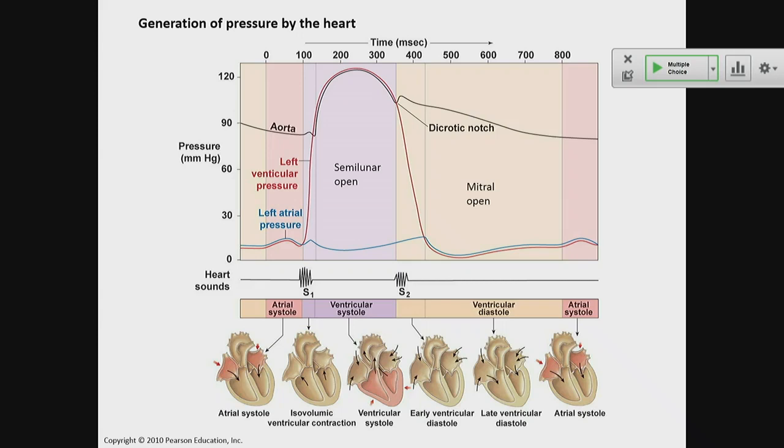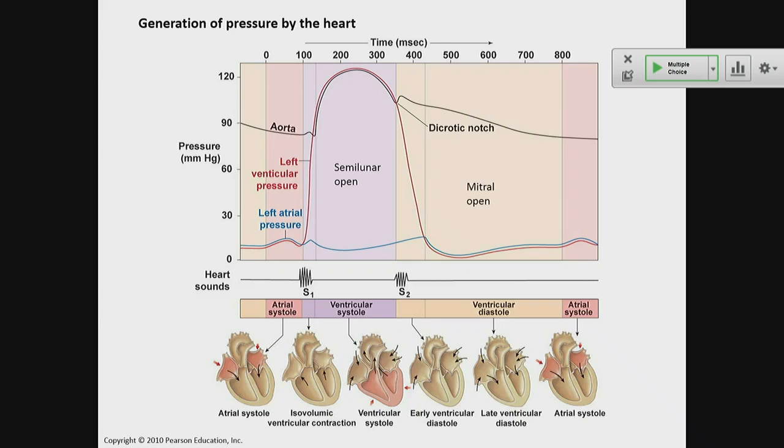One, the 120, is the maximum value that you achieve during the ventricular systole, and 80 is the minimum value that you achieve just before the onset of the ventricular systole. Okay, so the diastolic pressure is the lower one, and the higher one is the systolic pressure, because that's achieved during the systole.